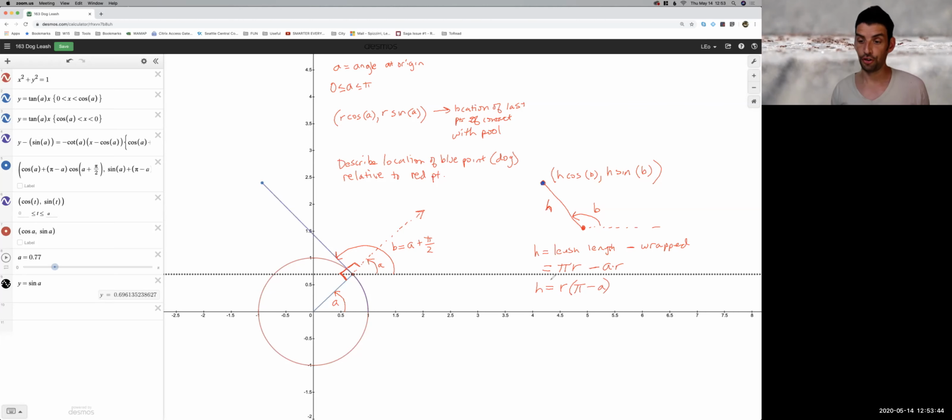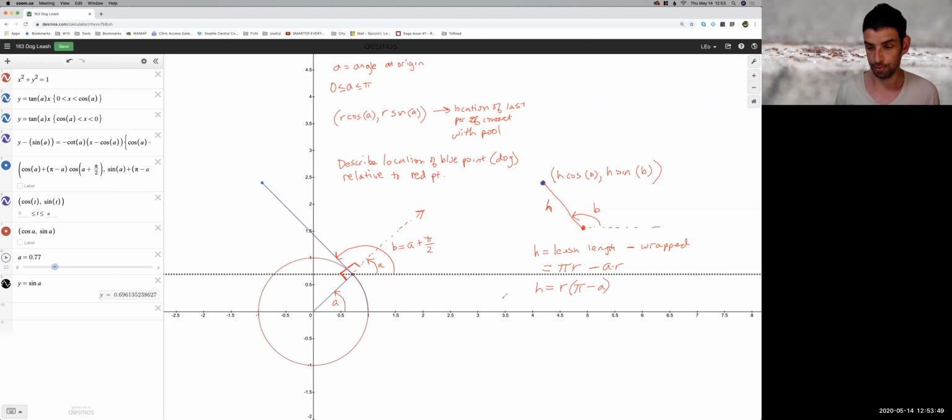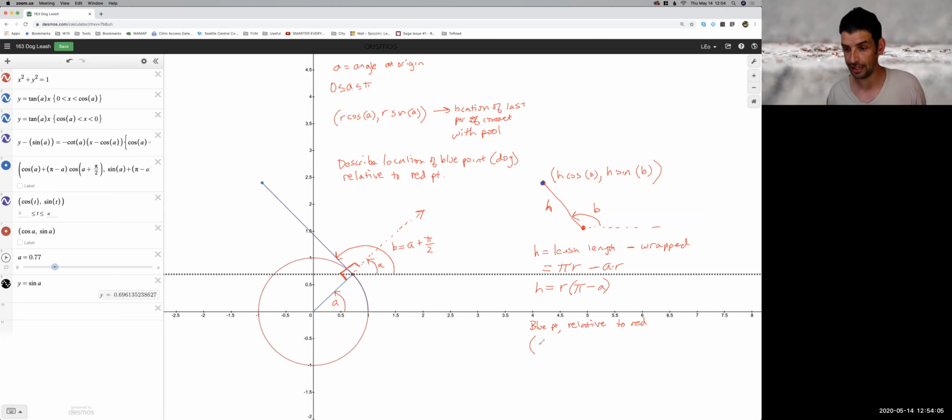Okay. So let's put this all together. That means the blue point relative to the red, meaning treating the red point as the origin in how I'm going to describe the location, is located at, so I'm just copying H cosine beta, except instead of H, I get r times (pi minus A) cosine of B, but remember B was A plus pi over 2.